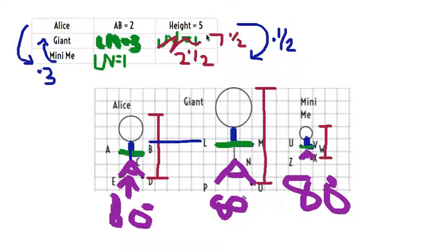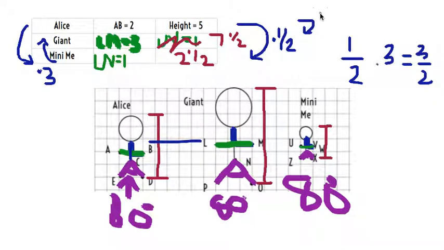So then that just leaves us with Alice to the giant. If we take 1/2 to get down to Mini-Me and then multiply by 3 to get to the giant, we're now taking 1/2 times 3, which is going to be 3/2. So from Alice to the giant, we would have a scale factor of 3/2.